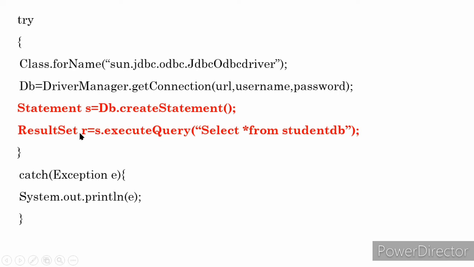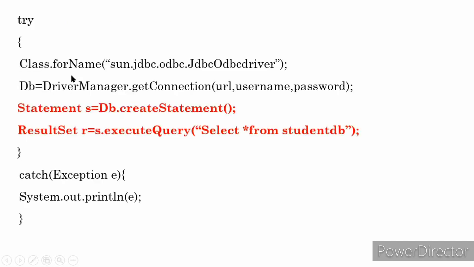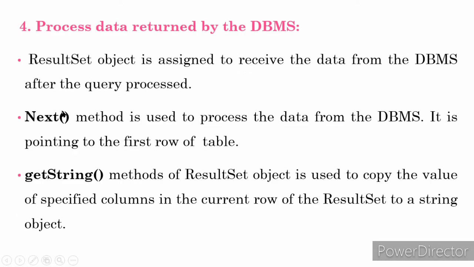Next is processing the data that is returned by the DBMS. It means whatever data is stored here, we need to process that data, meaning we need to extract the data from this ResultSet. How to do that? The ResultSet object is assigned to receive the data from the DBMS after the query is processed.